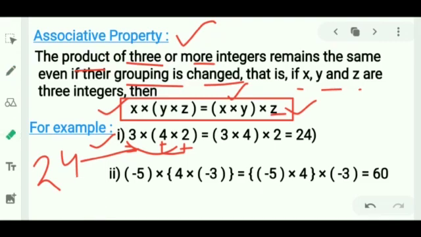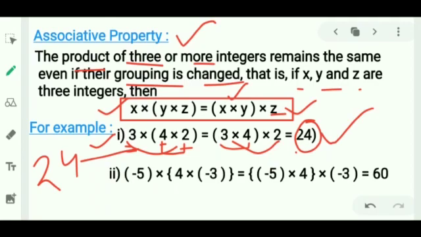Now if we take the group of 3 and 4 together and then multiply by 2, we know that 3 fours are 12, and when we multiply 12 by 2, it becomes 24. So we can say in both conditions we have the answer 24, which is the same in both groupings.